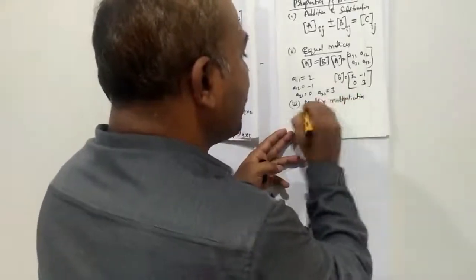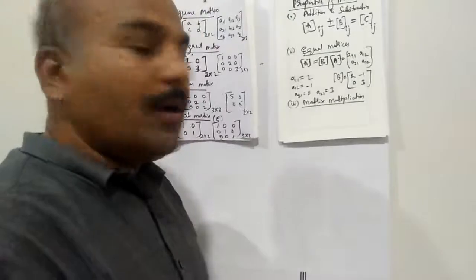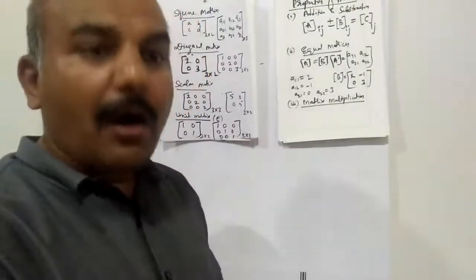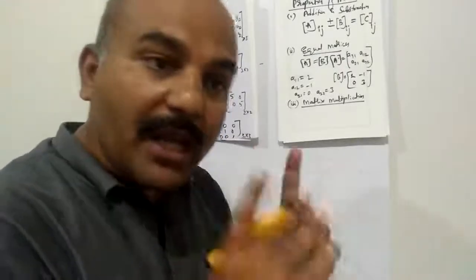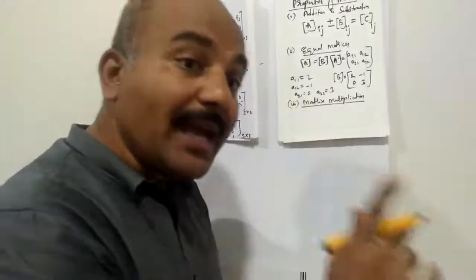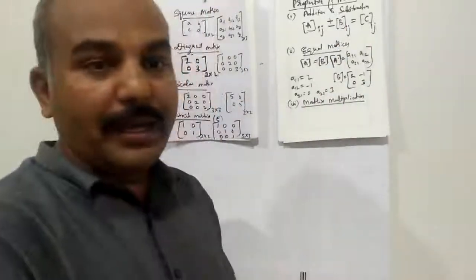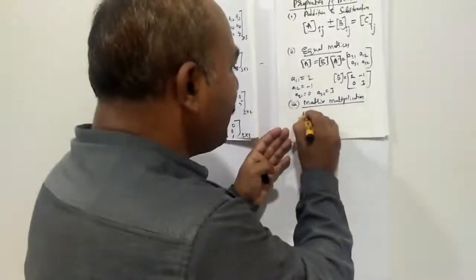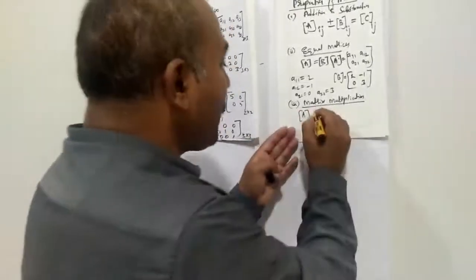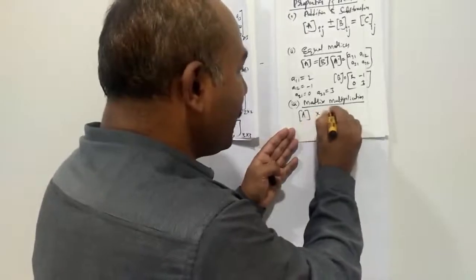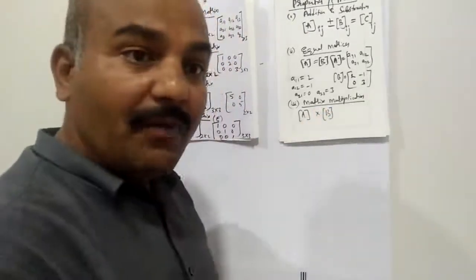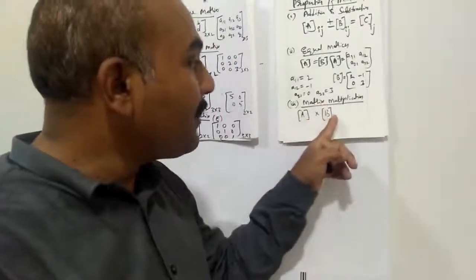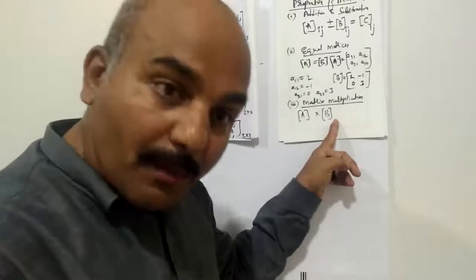In matrix multiplication, the two matrices A and B are multiplicable if and only if the number of columns of A is equal to the number of rows of B. Note that, very, very important.